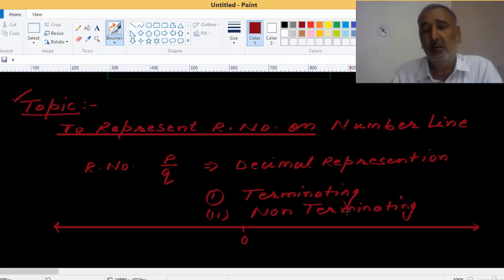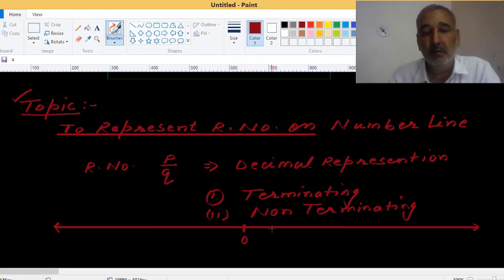Before we learn the further process, let's have some idea about the number line. This number line is actually a real number line. All points on this line represent numbers, whether they are rational or irrational.